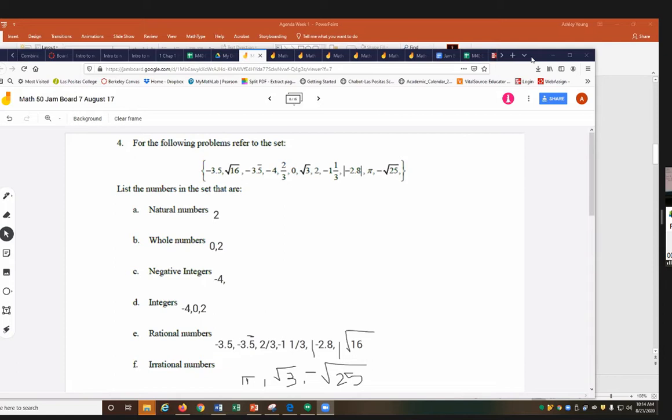It's not a fraction. Oh. So how would you make that into a fraction? So the negative 3 over, Mm-hmm. Over what?